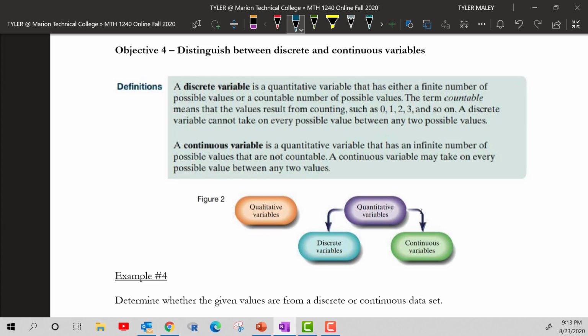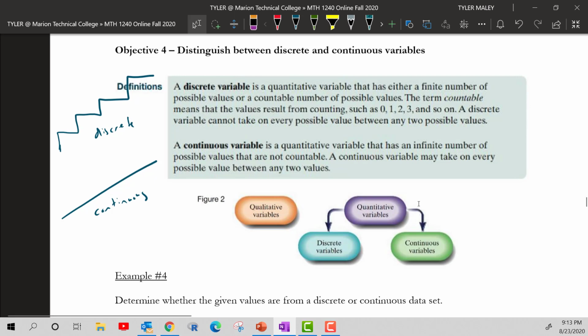So kind of how I think about these is I think about discrete as a set of stairs, right? So this would be discrete. And I think about continuous as like a ramp. So with discrete, you can't have a value in between, right?